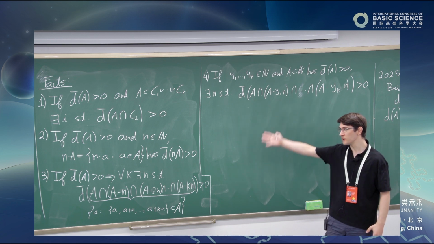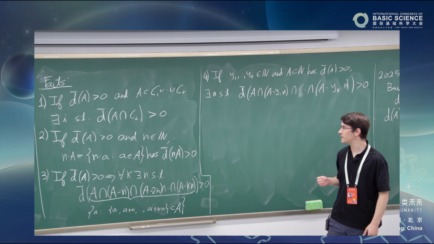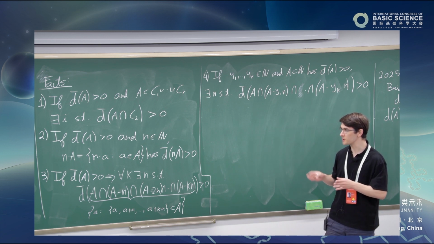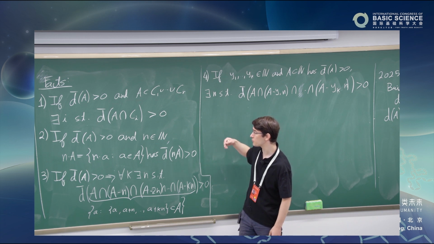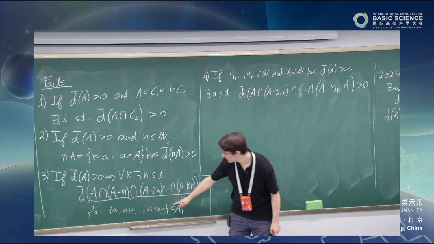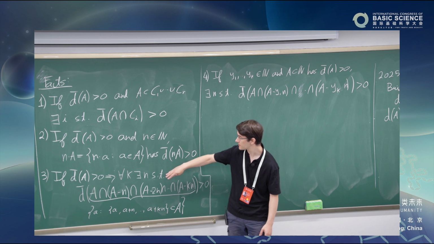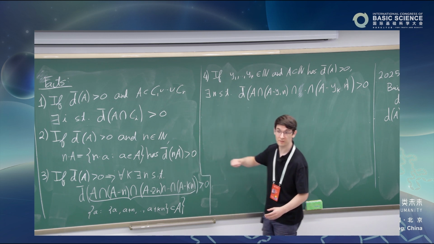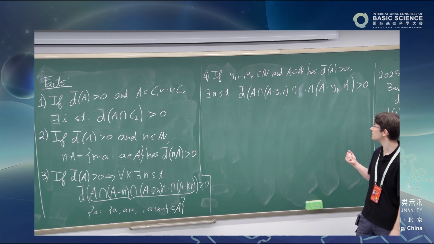So all the sets are sets of natural numbers, all the operations are in the natural numbers, but in my mind, I'm really working in a dynamical system, which is why I keep applying operations to sets. So I don't like to write elements directly. I like to write sets that intersect with their own translates. I hope this is not too confusing, but it helps to present this proof.